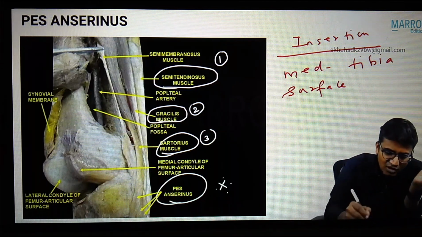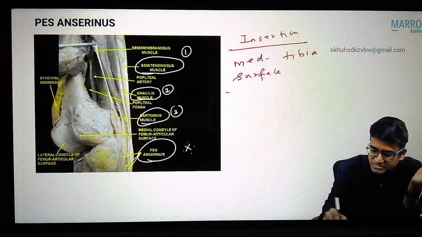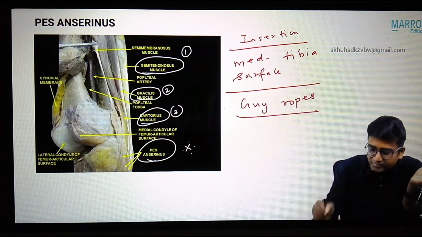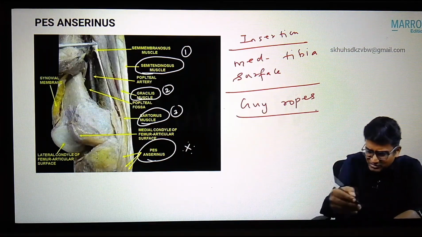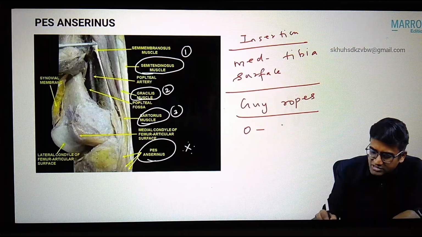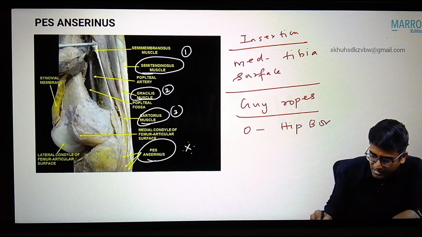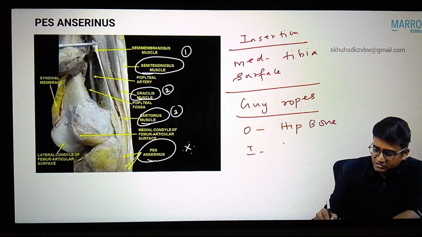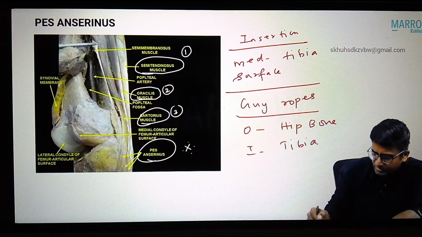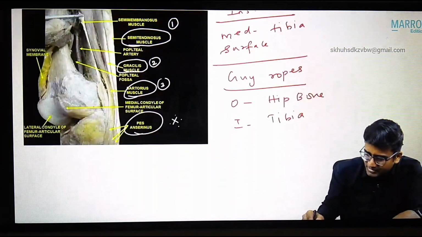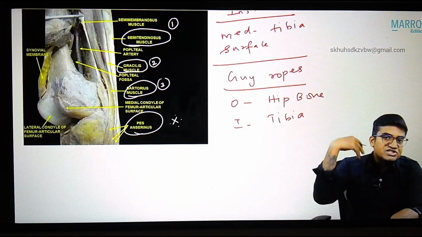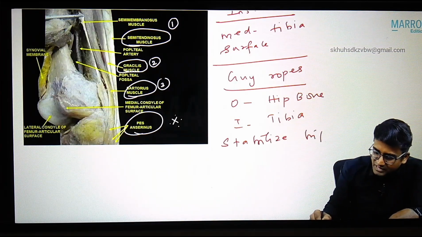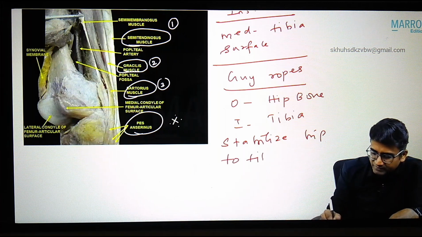Now, these three muscles are also called guy rope muscles. Guy rope muscle means these three muscles take origin from the hip bone, and their insertion is not to the femur but to the tibia.